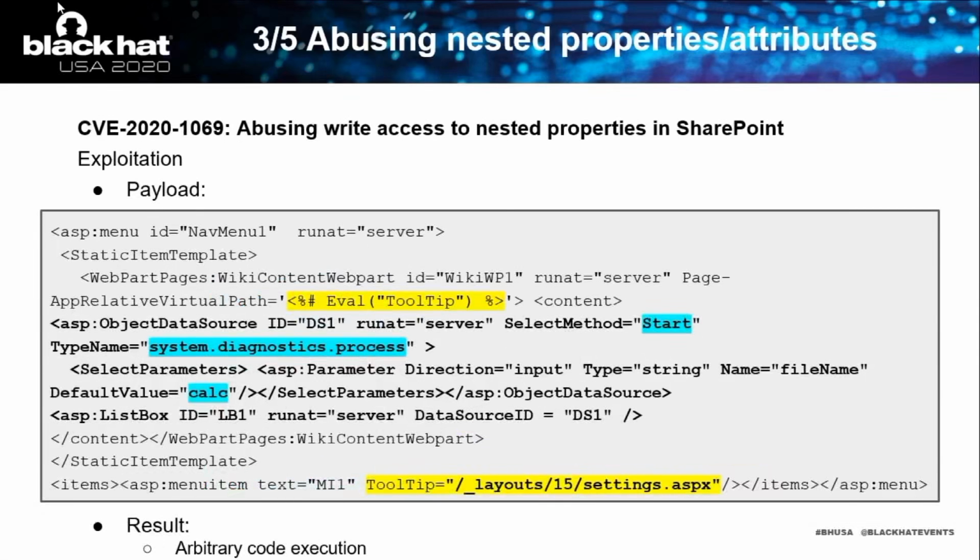Here is our final payload. We can notice that our new path points to the settings page, an application page. It is assigned to the tooltip property and later will be transferred to AppRelativeVirtualPath. So the page filter will think that this is a system page and will allow any unsafe markup. For example, we can use our ObjectDataSource control to pop up a calculator.